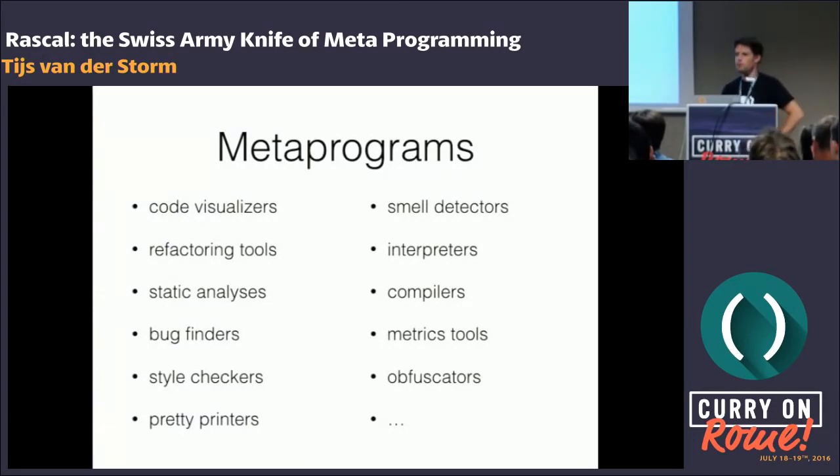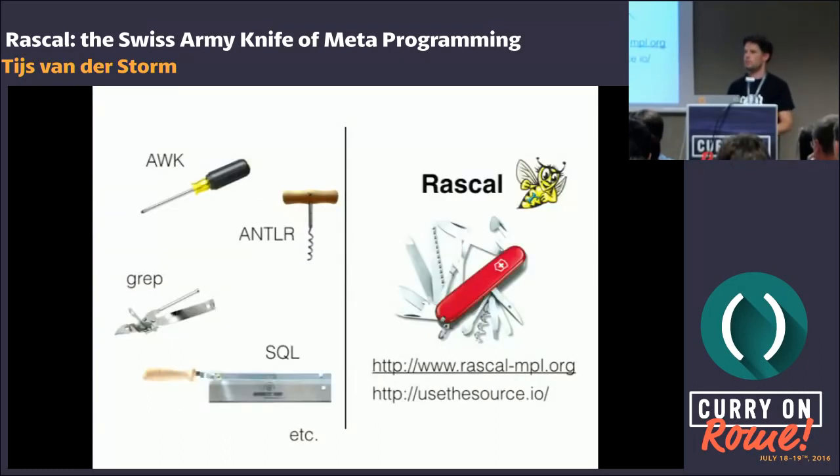You probably are all using metaprograms. We can think of code visualizers, refactoring tools, but also smell detectors or compilers, interpreters, tools that analyze metrics of other programs, and so on. So there's a large space of tools that address all these concerns in a single language, where these diverse concerns are all expressible and easy to combine in a comprehensive tool.